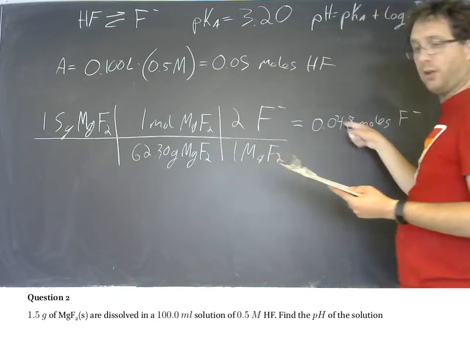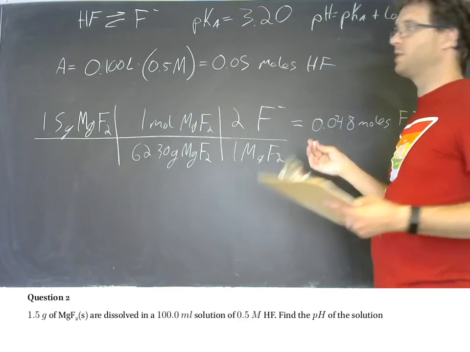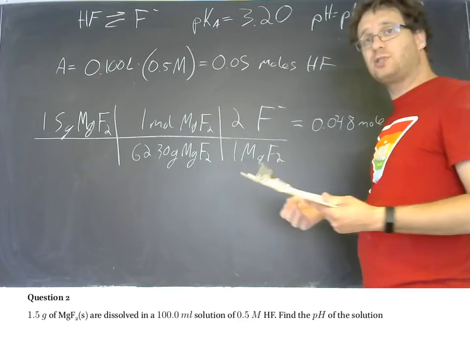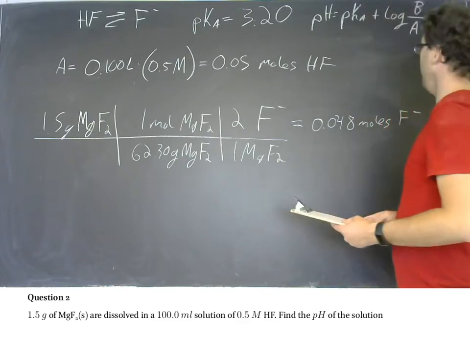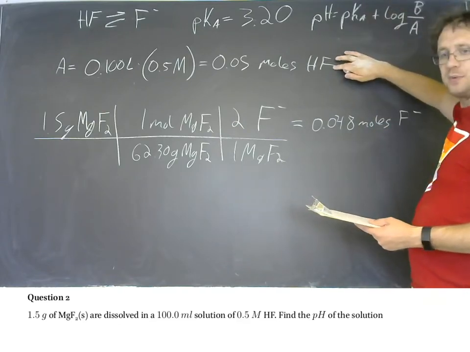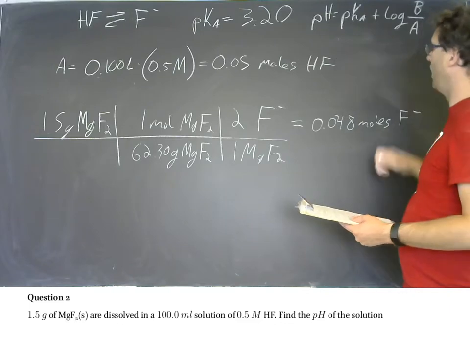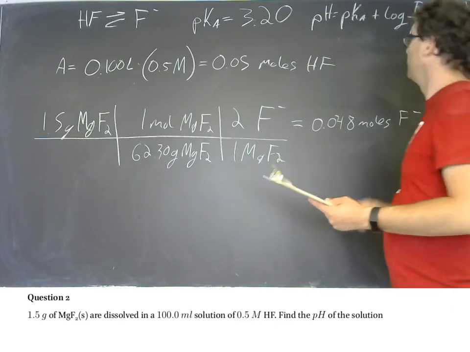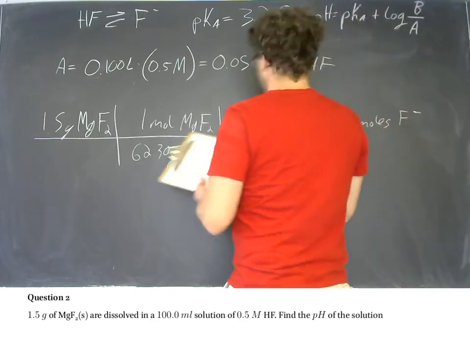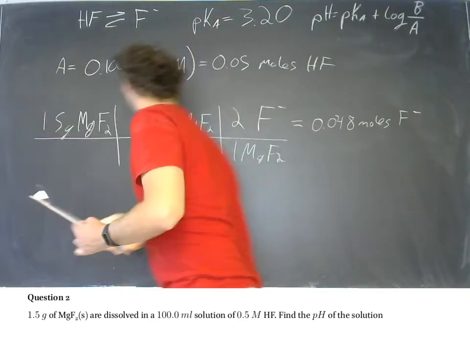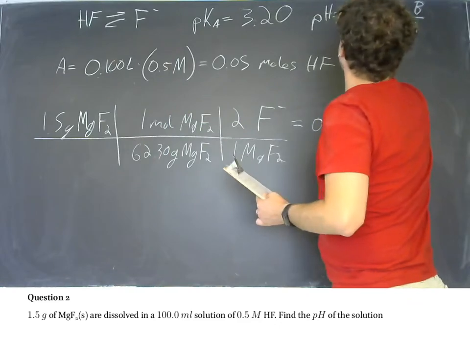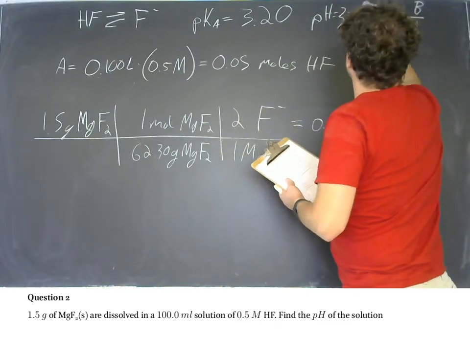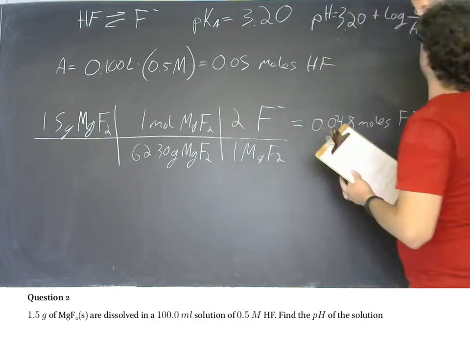They're quite close to each other, so we should hope that the pH we calculate is pretty close to the pKa, maybe a little bit lower because we've got slightly more acid moles than base. So let's put it in there. pH is going to equal the pKa of 3.20 plus the log of base over acid.